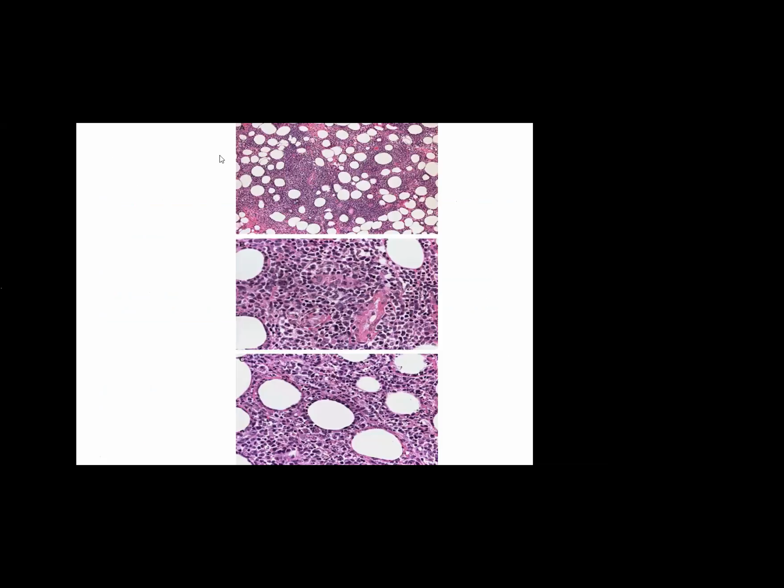So within the same biopsy, we can see that there is a dense lobular infiltrate of atypical lymphocytes with rimming of the atypical lymphocytes around the adipocytes. These show a cytotoxic T cell profile.